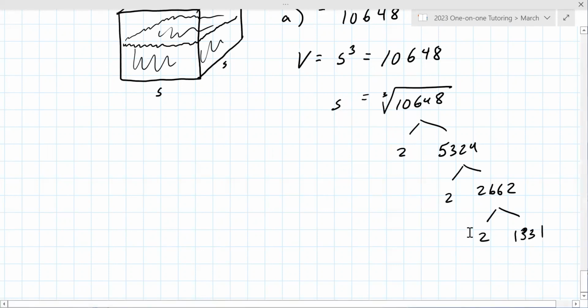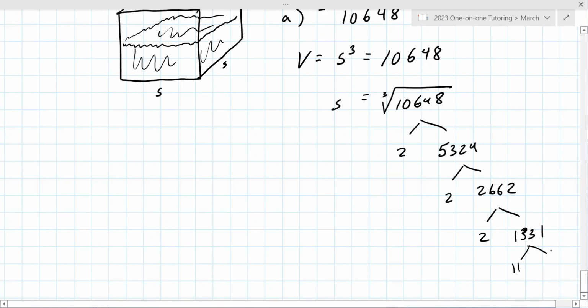Oh, we need a triplet. Okay, yeah, that does work. All right. Now, this one is not divisible by 3 because the sum of the digits doesn't add up to a multiple of 3. 5 is out. Now 7 does not work. I think 11 is the next one that goes in.